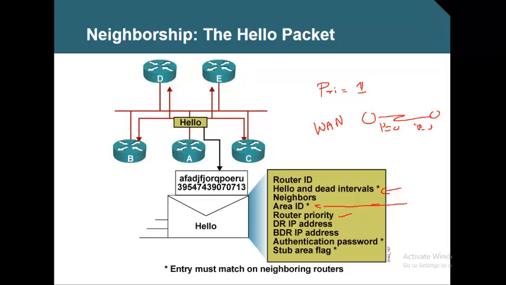The priority is of no use in a WAN environment because the priority is used in electing DR-BDR. Do we have DR-BDR in a WAN environment? In a point-to-point, do we have DR-BDR? You're silent.